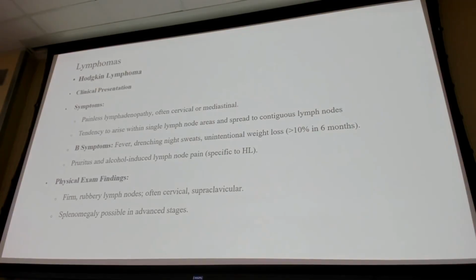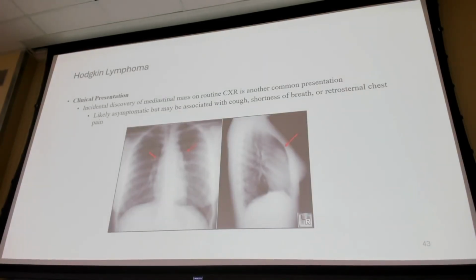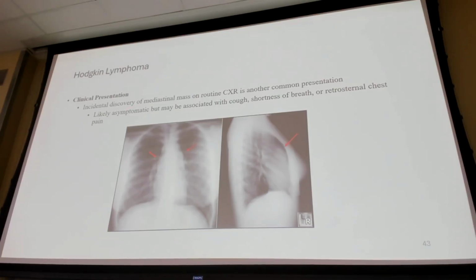Physical findings. Firm, rubbery lymph nodes, often cervical, supraclavicular, and then potentially some splenomegaly. Non-Hodgkin's, Hodgkin's, right? Incidental discovery of mediastinal mass on chest X-ray. Likely asymptomatic, but could be associated with shortness of breath, cough, retrosternal pain.